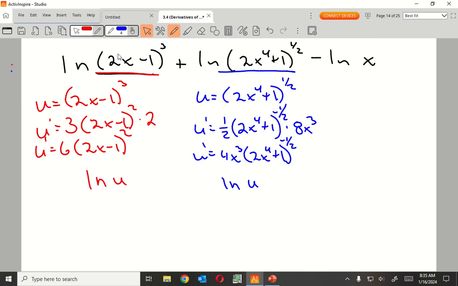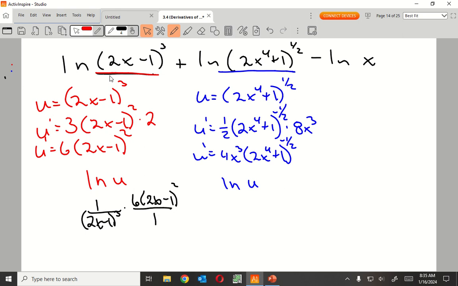All right, let's do the problem now. We do the whole problem. Derivative of this is going to be 1 over u, which is 1 over 2x minus 1 cubed, times u prime, which is 6 times 2x minus 1 squared.